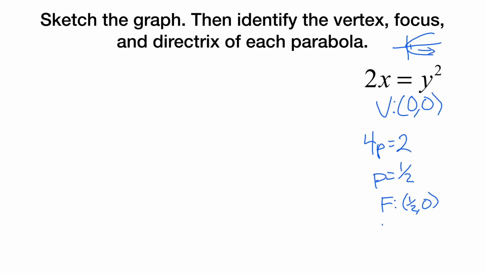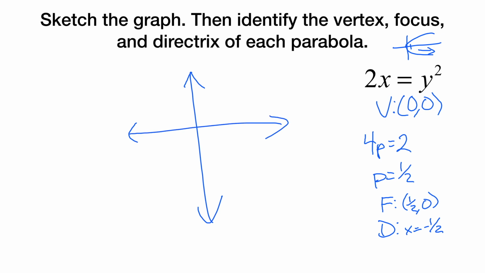And then our directrix is going to be at x equals negative 1/2. And our final graph would look something like this. And there we go.